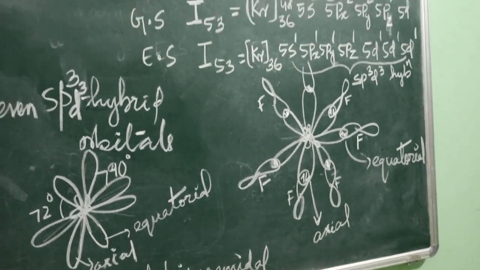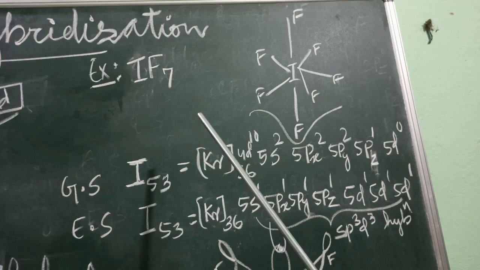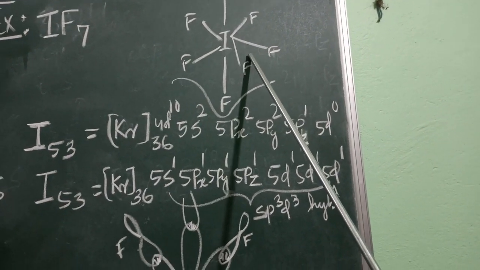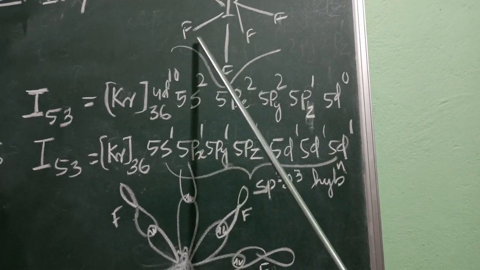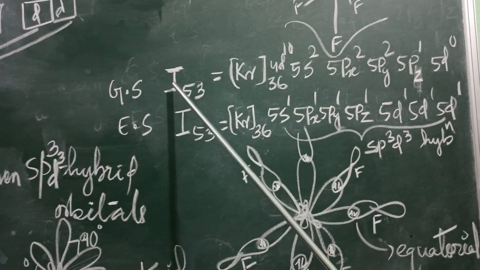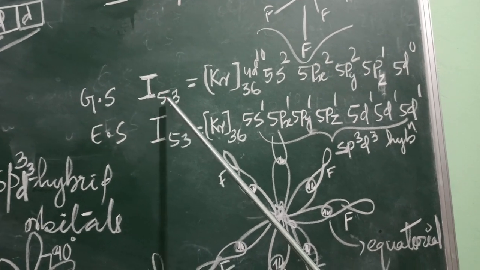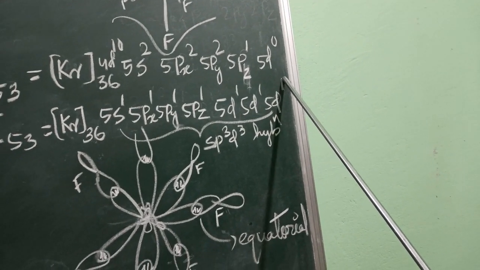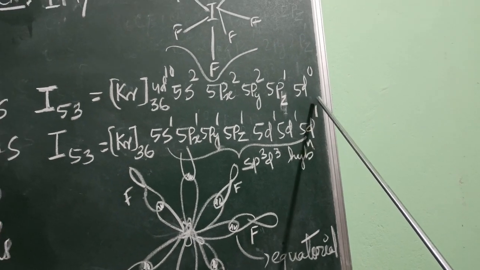As an example, we can take iodine heptafluoride. These are the bond patterns of iodine heptafluoride. The central atom iodine, having atomic number 53, has the ground state electronic configuration like this, in which 5d is vacant.